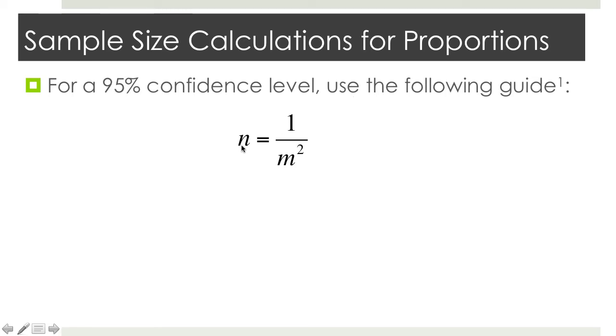In that case, we would say that the sample size is equal to 1 divided by the margin of error squared. Now you can go into the reading and you can see where they got that and how they derive this from more complex expressions. But this is a relatively straightforward and easy formula to use if you're working with a 95% confidence interval.